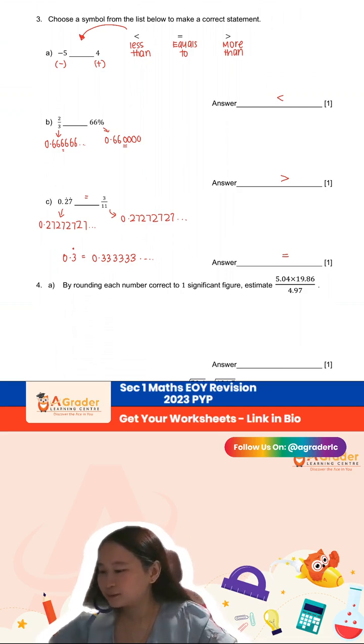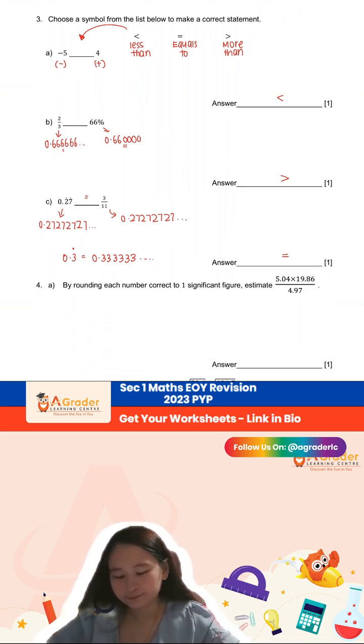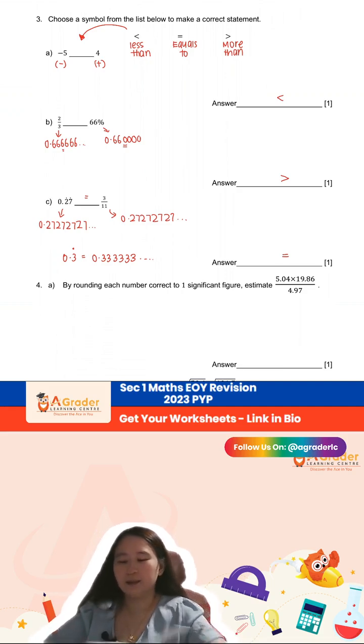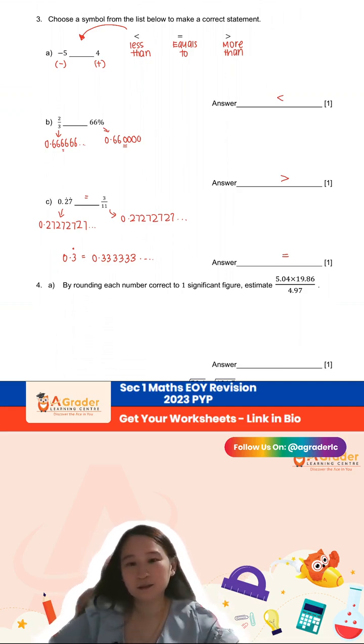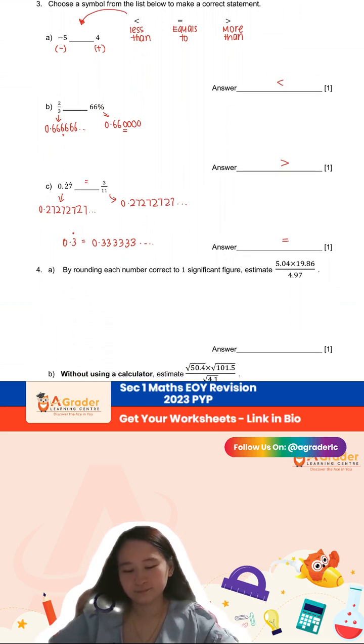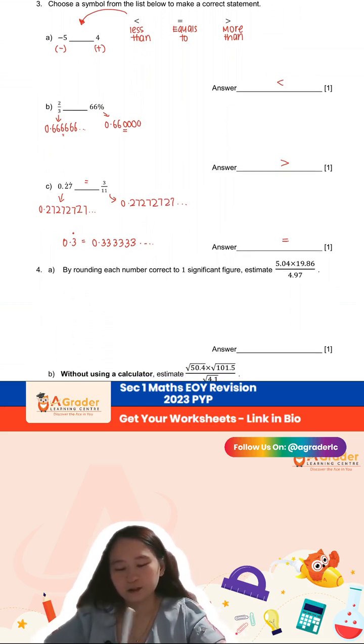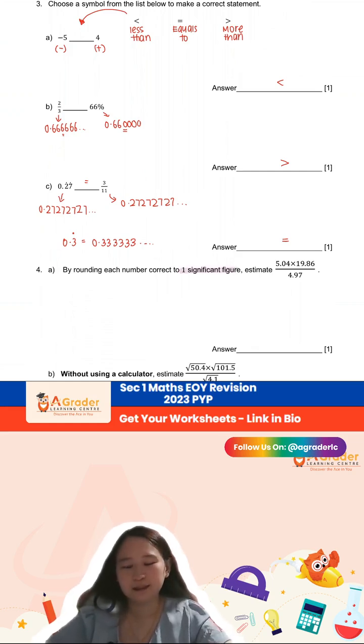Okay. Question 4a. It's on estimation and approximation. By rounding off each number correct to one significant figure, they ask you to estimate this.